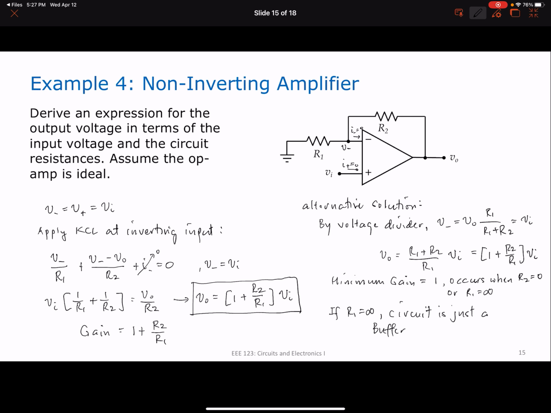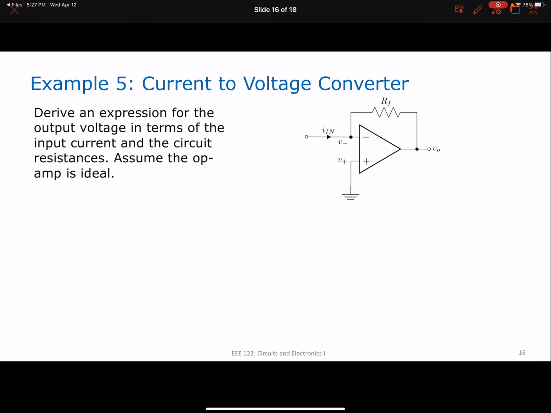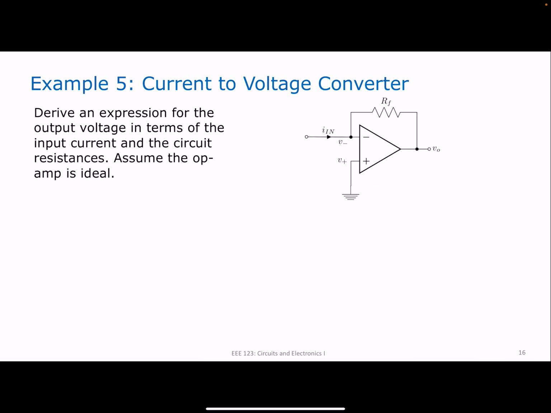The last circuit that I want to show you is this. This is a current to voltage converter, and this is very easy to analyze. First of all, you see the presence of the negative feedback through RF, the feedback resistor.